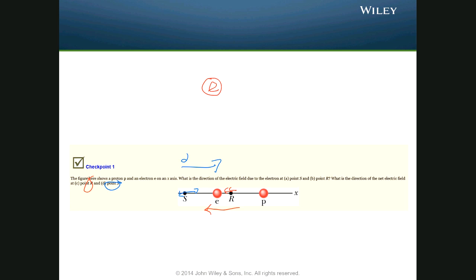Okay, so due to the electron, we just find the field here at R, which will be like that, and the field at S, which is farther away, which will be smaller. And by, yeah, this one should be bigger. Okay, yeah, so you see it.